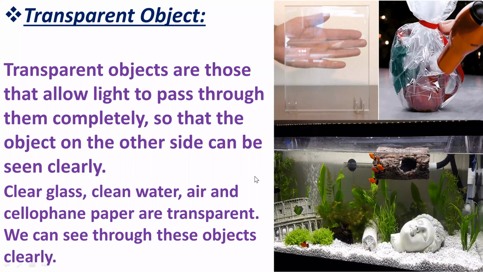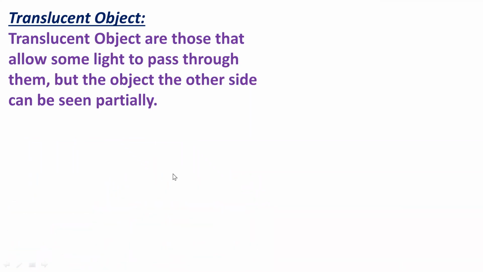Second one is the translucent object. Translucent objects are those which allow only some light to pass through them, but not all the light. It means light is partially passing.